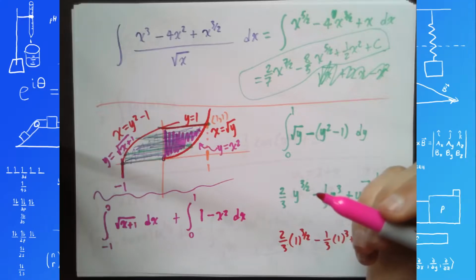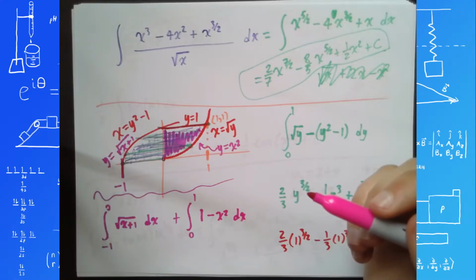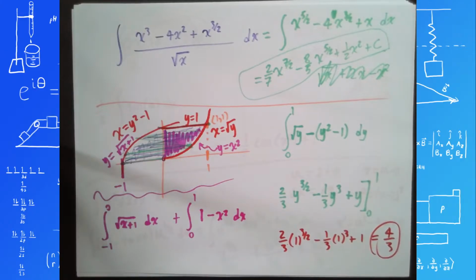So let's see. Integral of square root of x plus 1. If we did a u substitution using u equals x plus 1, du equals dx, ultimately we would treat it the same way we treated square root of x.